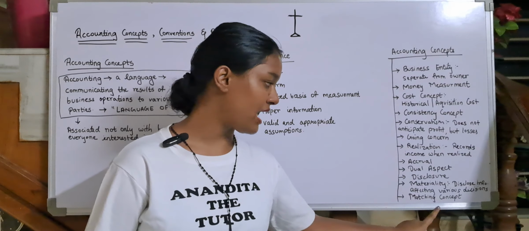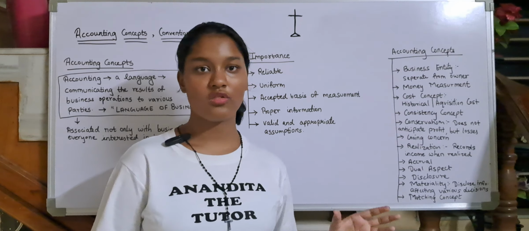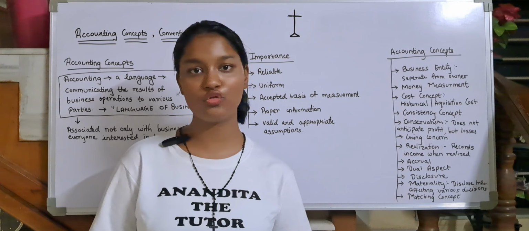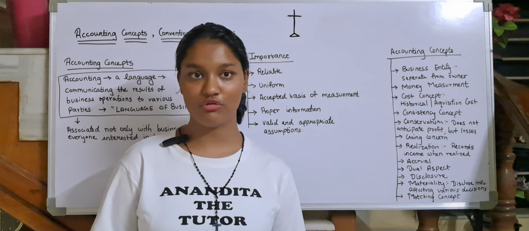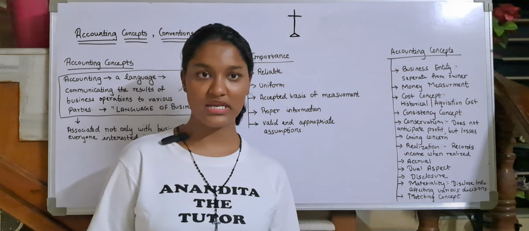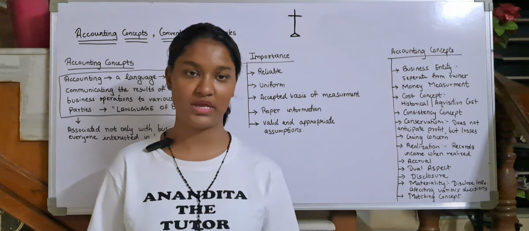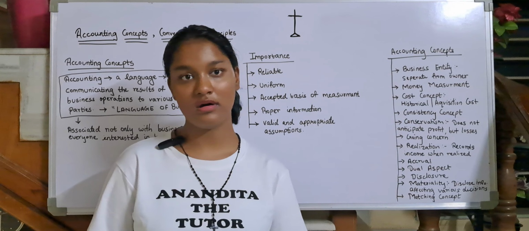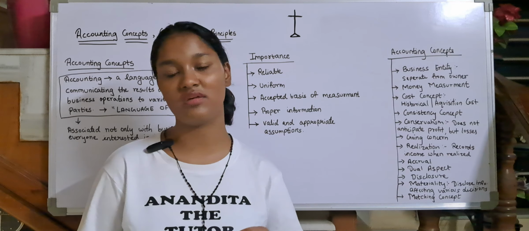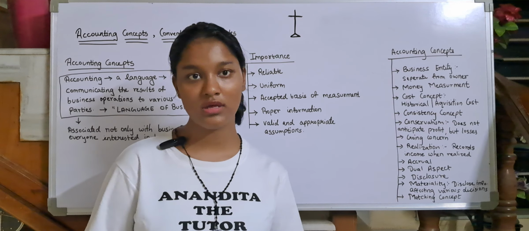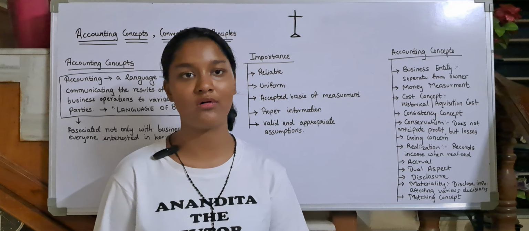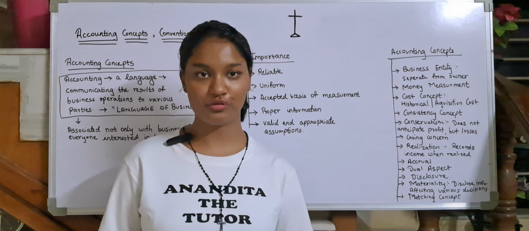And the last one is the matching concept. Suppose there are 2 years of data that you have. Previous year, say 24-25, your profit was 9,000. This year it should be somewhat matching, even if it's not exactly matching. This year's profit should be around 10,000, 11,000, close to 9,000.